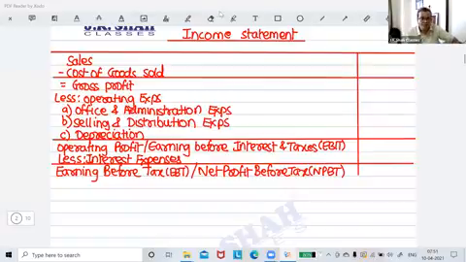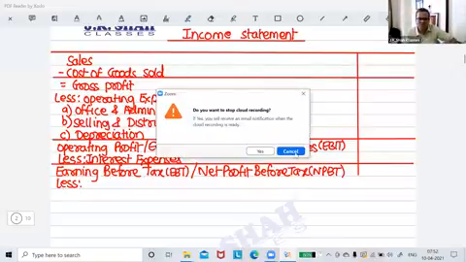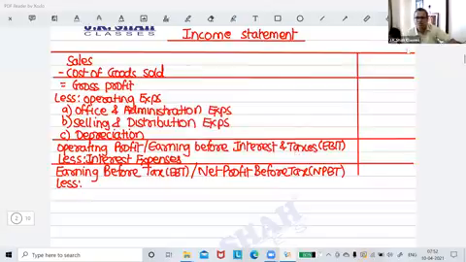Okay. From this, what will we subtract? If it is a net profit before tax, definitely we will subtract what? Put in the chat box, what will you subtract? Let me see. People are just typing tax, tax, tax. Monica typed something wrong.